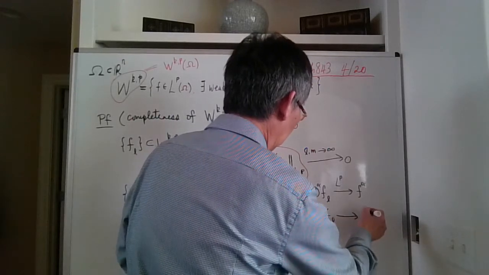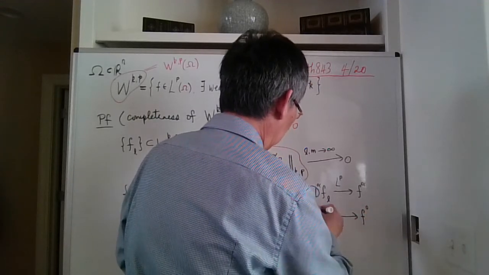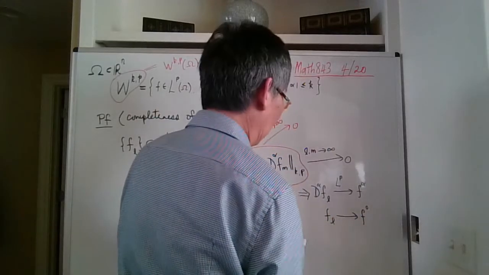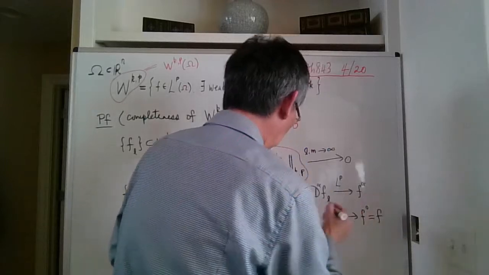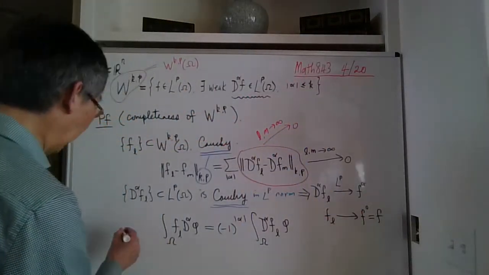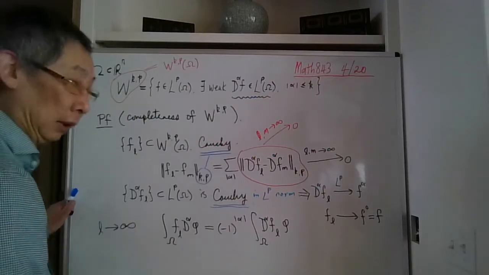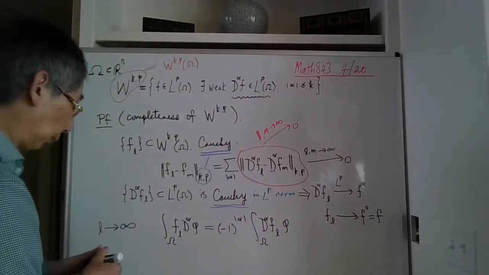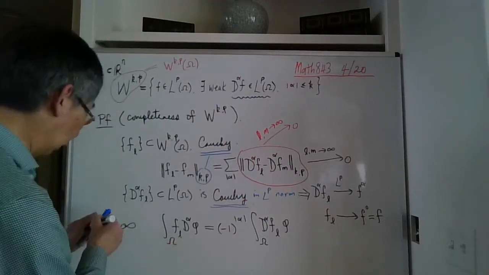So this is F_0, D_0 F_l. Basically it converges to something, but I would like to denote this just by F. Therefore, if I let l go to infinity in this relationship, I'm going to write this on the top.